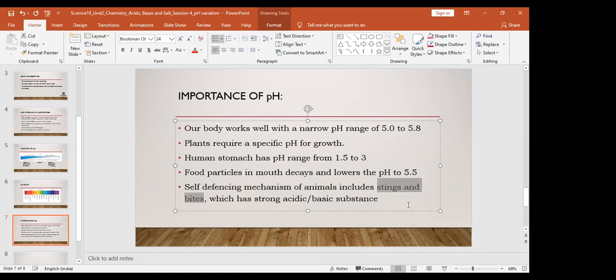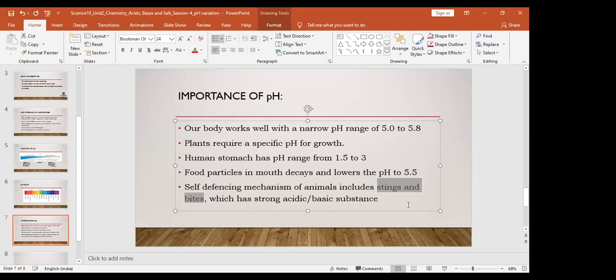And because of the stings or bites, we suffer or we experience a severe pain. That pain is because of the base or the strong acid which is being created. Why am I telling here base or acid? Now, if you see ant bites or bee bites, they contain an acid called formic acid.